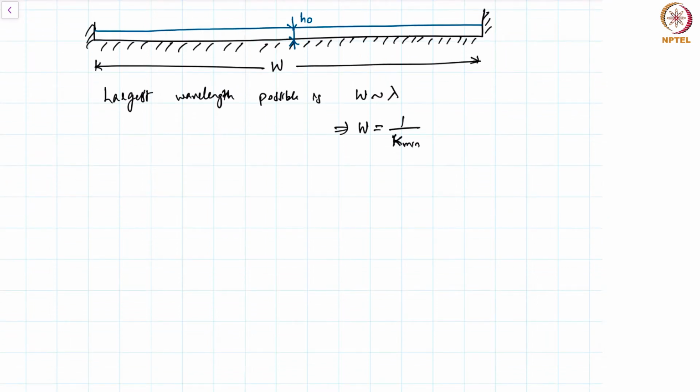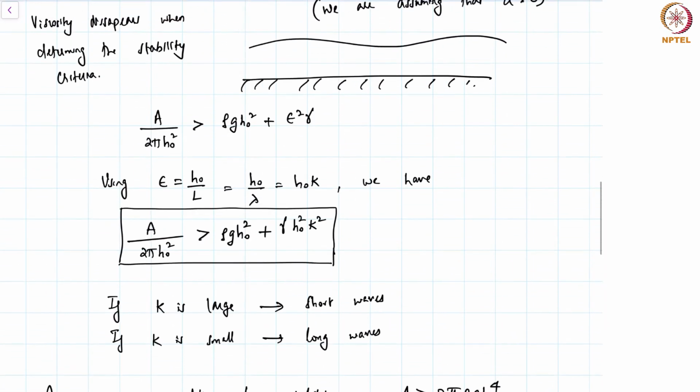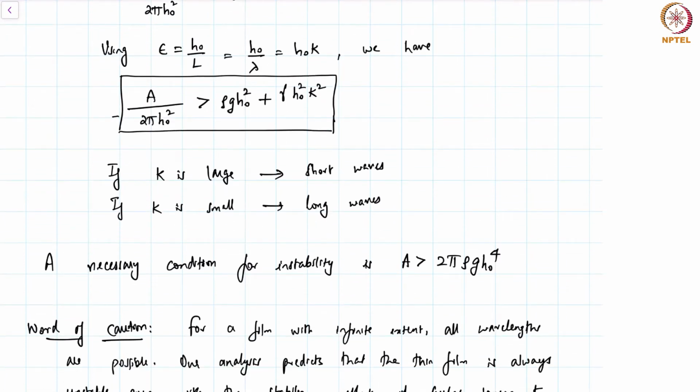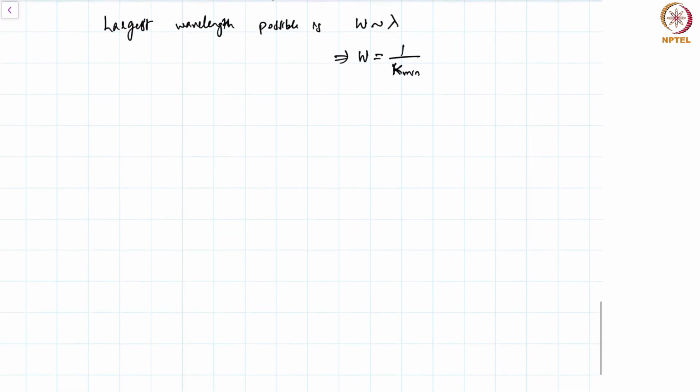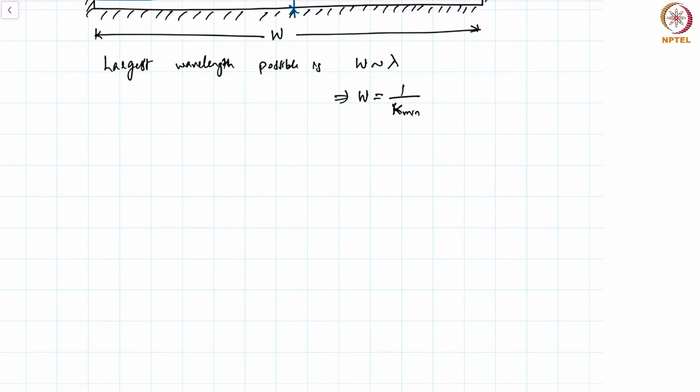Now I can straight away substitute this in our expression. Which expression is this? Over here, I have an expression involving A and k on the right hand side. Wherever there is k, I can substitute k minimum. But we also recognize that k minimum is W inverse.